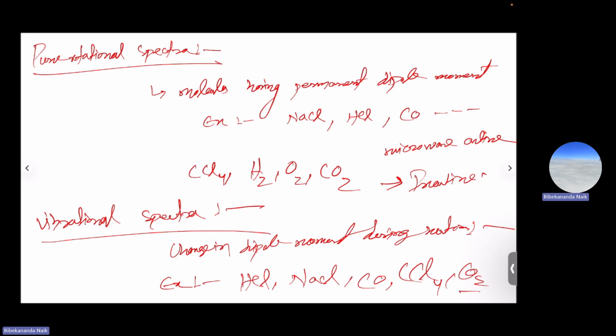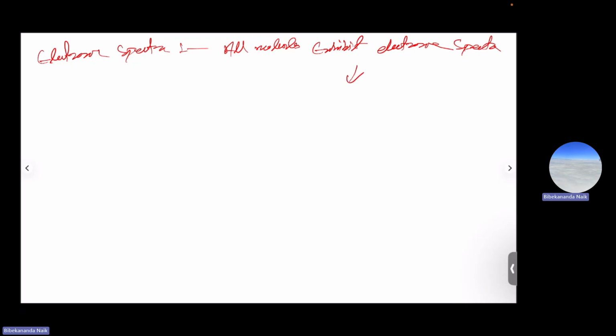These are infrared active. However, for electronic spectra, all molecules exhibit electronic spectra, because during electron transition the change in dipole moment results in electronic spectra. That is due to the transition of electrons.